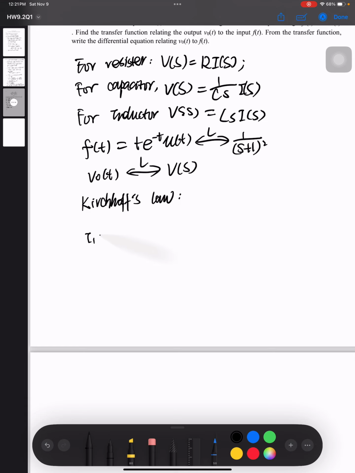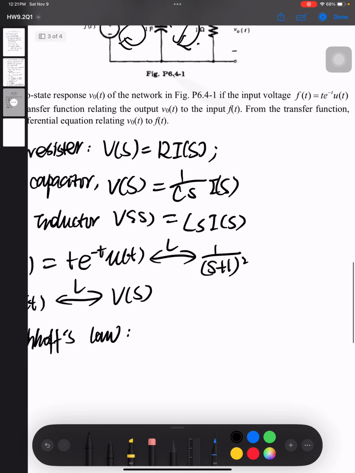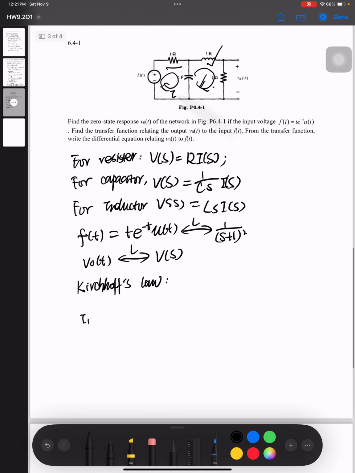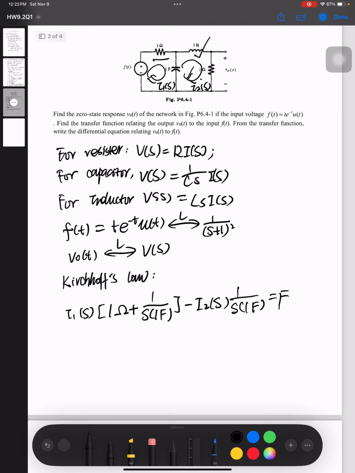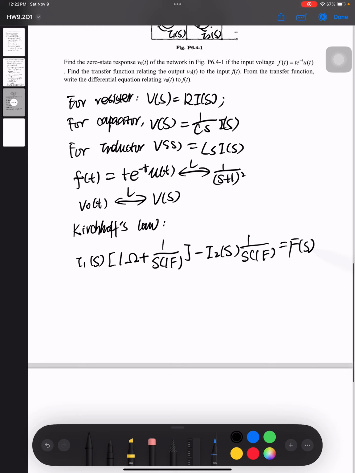For the first loop, if this is I1(s) and this is I2(s): I1(s) times (1 ohm plus 1 over s times 1 farad), minus I2(s) times 1 over s times 1 farad, equals F(s), which is 1 over (1 plus s) squared.